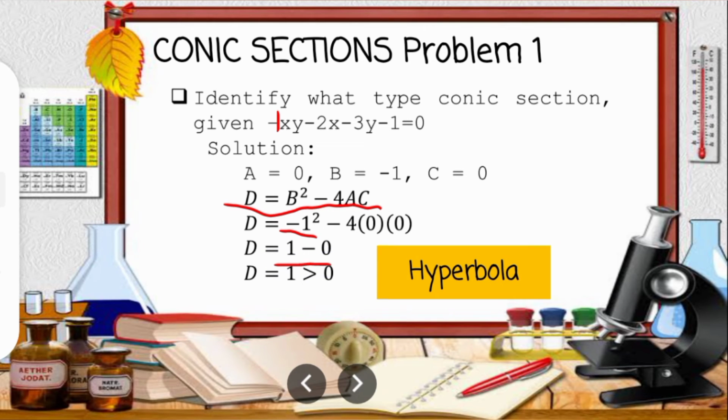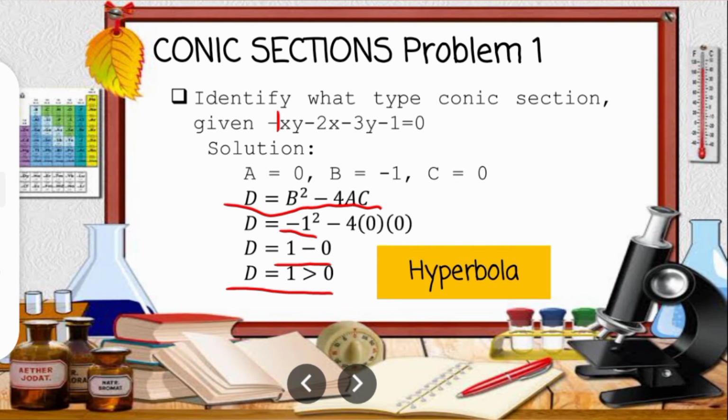So we come up with the answer 1, which is greater than 0. So our discriminant means that the conic section is a hyperbola, because the discriminant of the hyperbola is greater than 0.